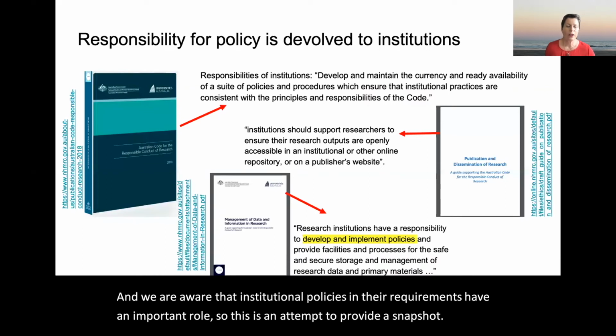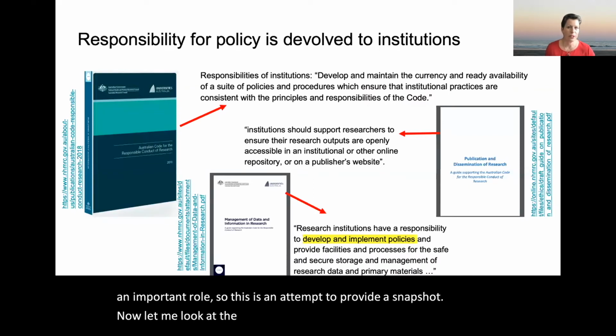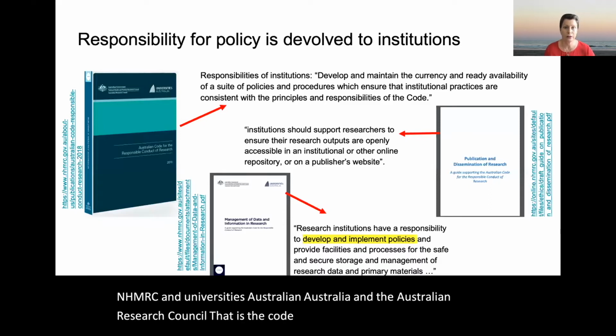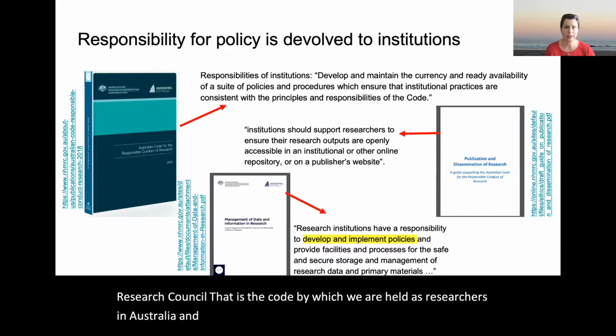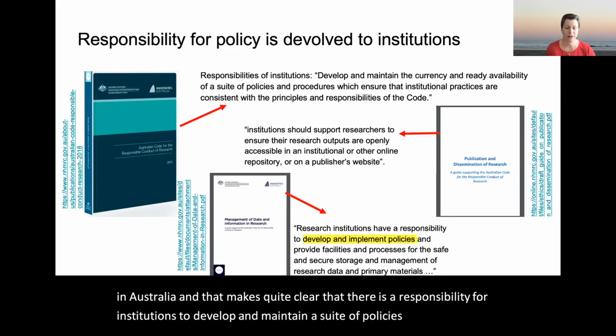Now, when we look at the Code of Conduct, which is put together by NHMRC and Universities Australia and the Australian Research Council, that is the code by which we are held as researchers in Australia. And that makes quite clear that there is a responsibility for institutions to develop and maintain a suite of policies and procedures for this area.